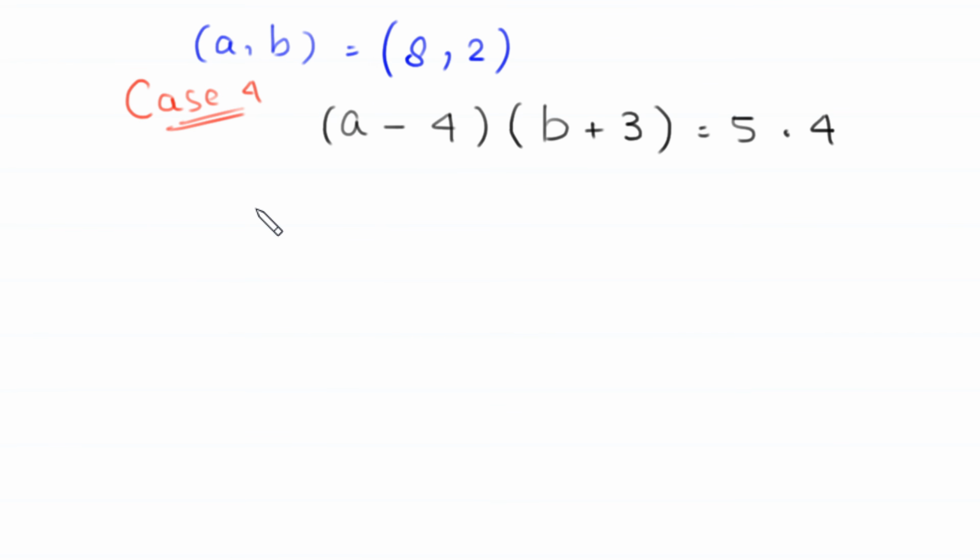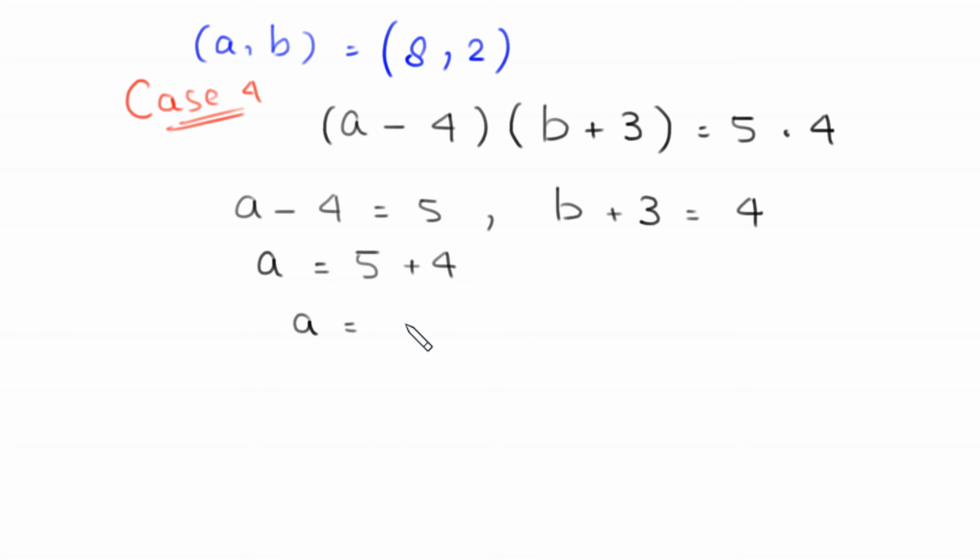So this a minus 4 will be equal to 5, and this b plus 3 will be equal to 4. Move this negative 4 to the right hand side. This will become a is equal to 5 plus 4, and a will be equal to 9. And from this case, move this 3 to the right hand side. This will become b is equal to 4 minus 3, and b will be equal to 1. So from this case we get a is equal to 9 and b is equal to 1.